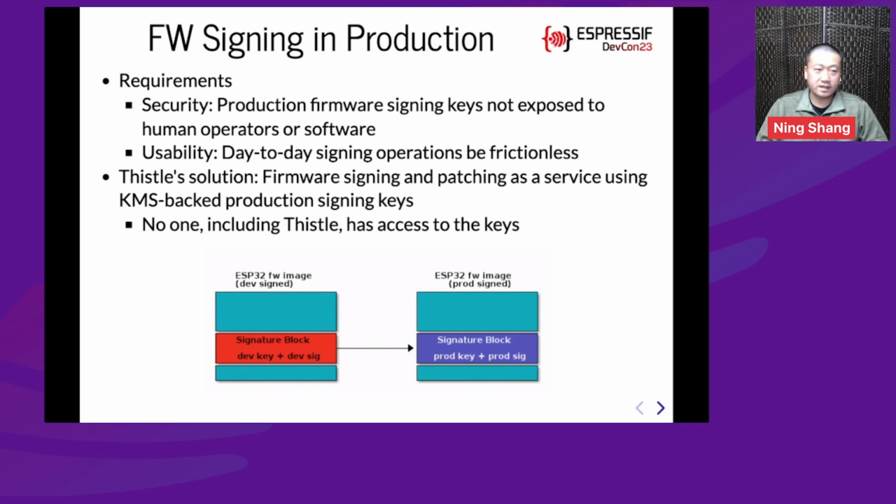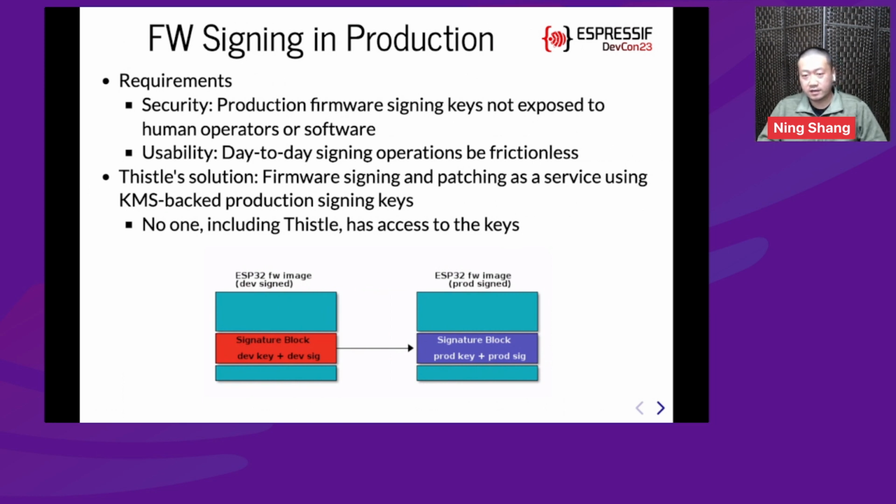The idea is that we manage the firmware signing key in the proper key management system. In this case, the key is generated in the system and also managed in the system. No one, including Thistle, has access to the keys, but the key management system can be used as an oracle to do the signing operations without leaking the private key.